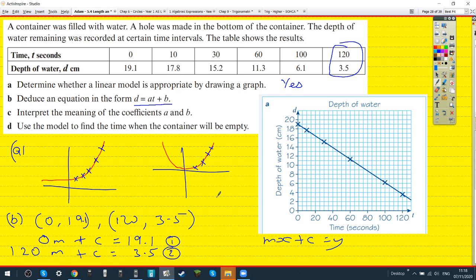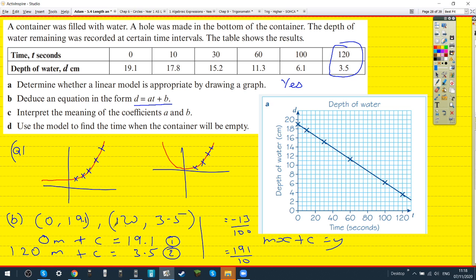So x is minus 13 over 100. And y is 191 over 10. And so the calculator says x and y. What are they really? X is time in seconds, or t?